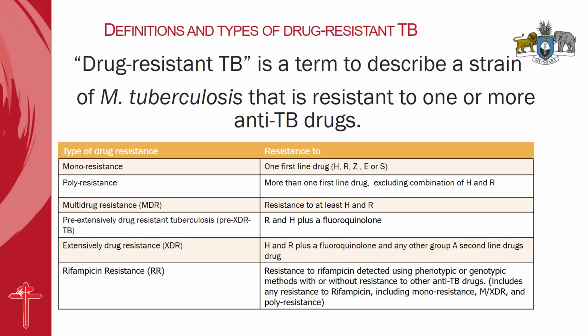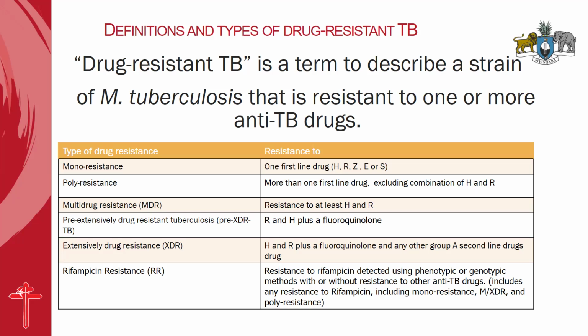We'll start with monoresistance. This is resistance to one first-line drug, which can be INH, rifampicin, pyrazinamide, ethambutol, or streptomycin. We also have poly resistance. This is resistance to more than one first-line drug, excluding the combination of INH and RIF.